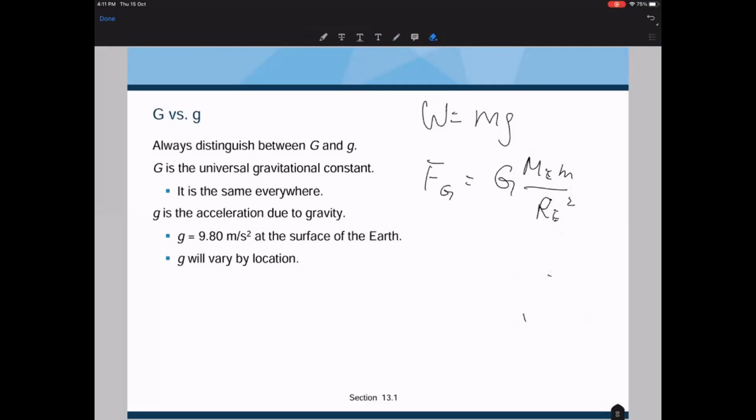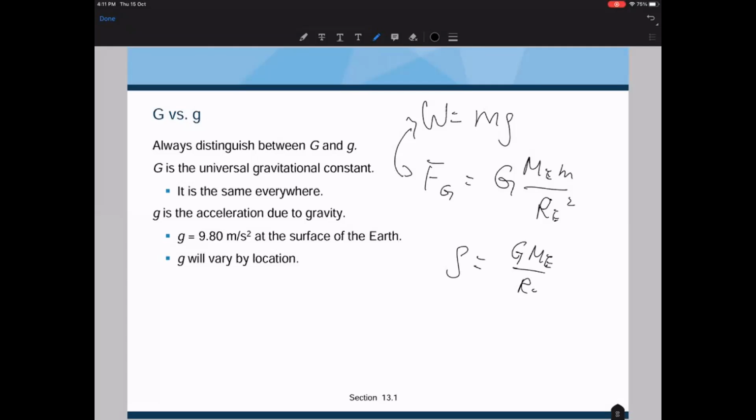So we just make it simple. So here you have the equation. How do you compare the two? They are actually equal to one another. Therefore, g can actually be calculated in this way.